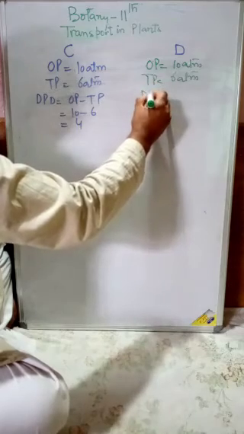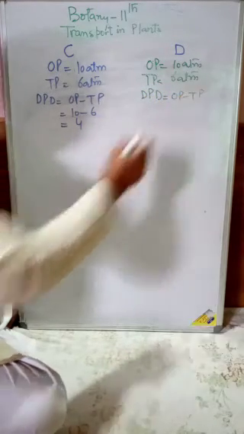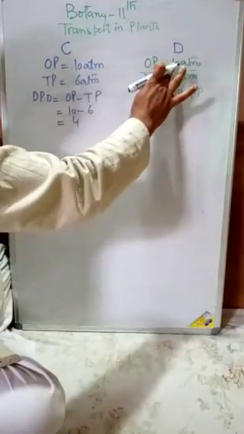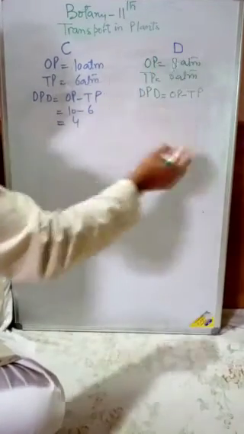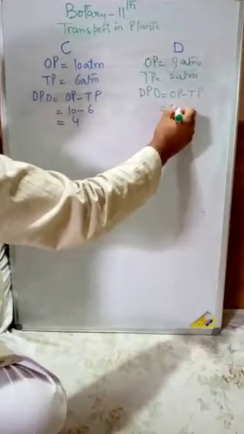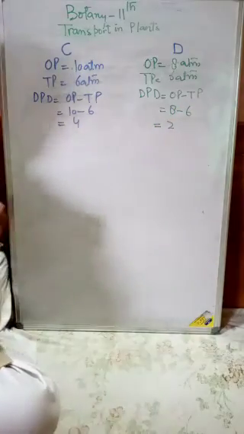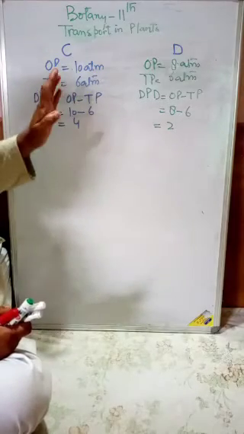Now DPD is equal to OP minus TP, that is equal to, wait a minute, here it is 8. Now what will happen? 8 minus 6, that is equal to 2. Now we know that water will start moving.